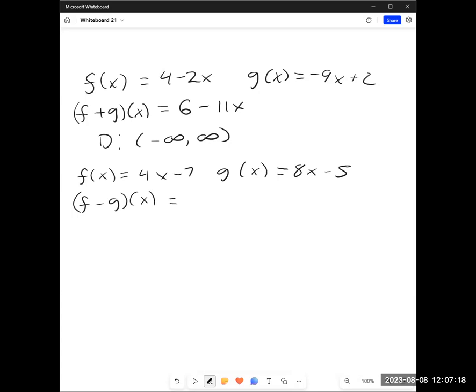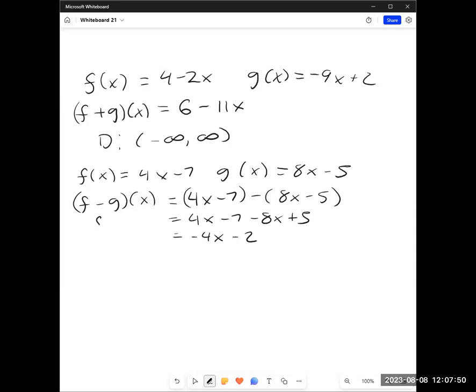They're not going to break any of the three rules about the domain. So this is going to be 4x minus 7 minus the quantity 8x minus 5, which gives us 4x minus 7 minus 8x plus 5. And that's going to be 4x minus 8x is -4x, and -7 plus 5 is -2.